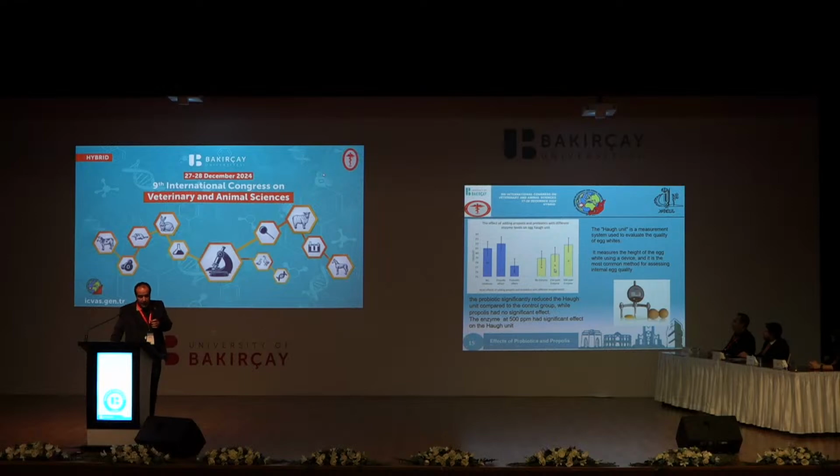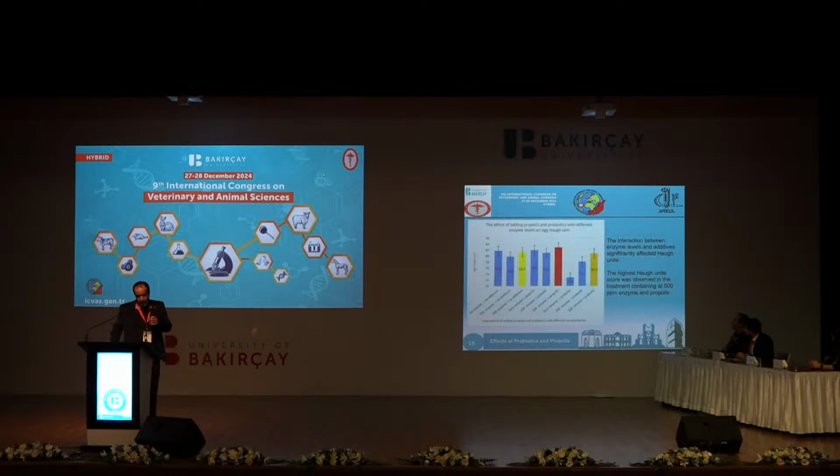Enzyme had a significant effect on Haugh unit and increased it at 500 ppm enzyme in the diet. The interaction between enzyme level and additive significantly affected Haugh unit, and as before, the better treatment was 500 ppm enzyme and propolis together.